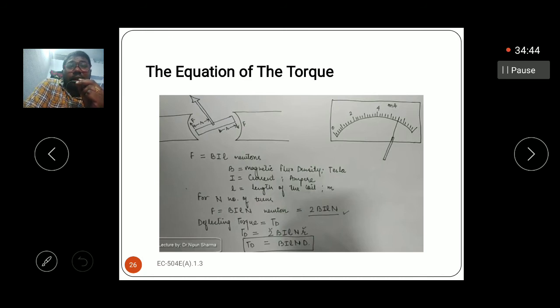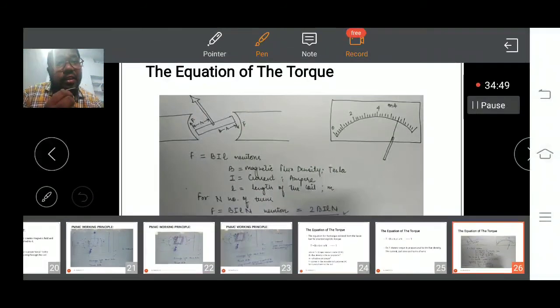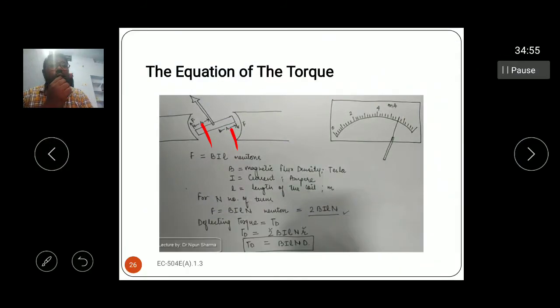From the center of the scale we have the radius R. The force established in this particular coil is F, here also F, here also F. Then finally the force F is equal to B into I into L, newtons. B is the magnetic flux density, measured in Tesla. I is the current, measured in amperes. L is the length of the coil.